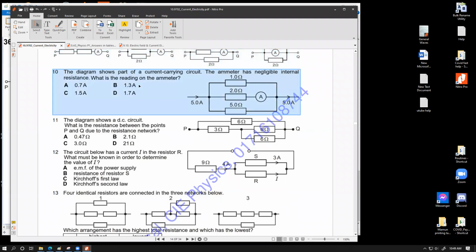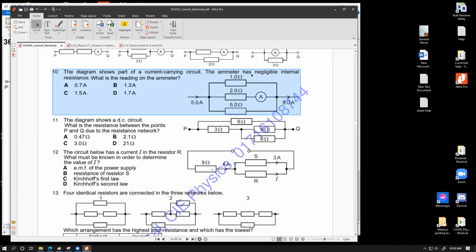Are you able to do 10? 10 is actually quite simple. Simply, what we need to do in 10 is find out what fraction of current flows through here. This is very simple to find. The first thing we're going to do for this question is find out the voltage across these two connection points. To find the voltage, we have the full current and we can calculate the full resistance.